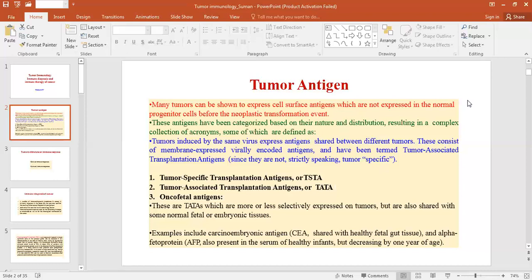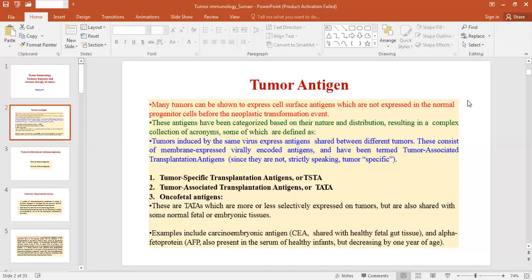RAS proteins bind guanine nucleotides GTP and GDP and have intrinsic GTPase activity. The mutation associated with RAS genes in malignant cells appears to cause a single amino acid substitution at specific position 12 or 13 or 61, which results in increased enzymatic activity of the gene product. As a consequence, the cell acquires transforming capacity.